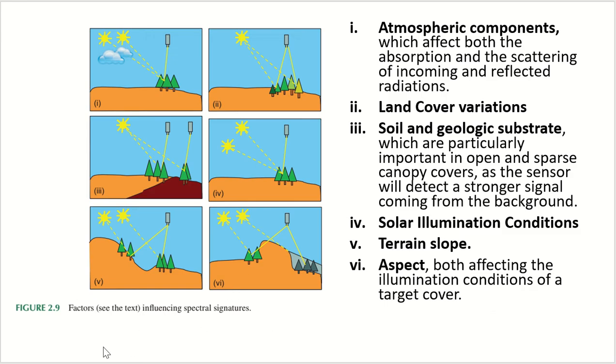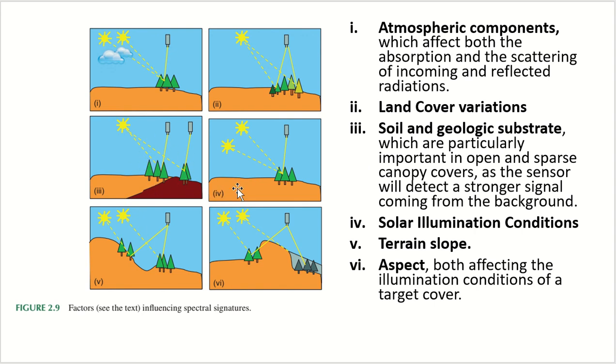So these are all the reasons that the data from the sensor may vary. It could be down to atmospheric components, land cover variations, so that could be difference in the actual materials, soil and geological substrate, so difference in physical materials, but not even the ones we're interested in. Say, in this figure, I think, for the purposes of the figure, we're just interested in the vegetation.